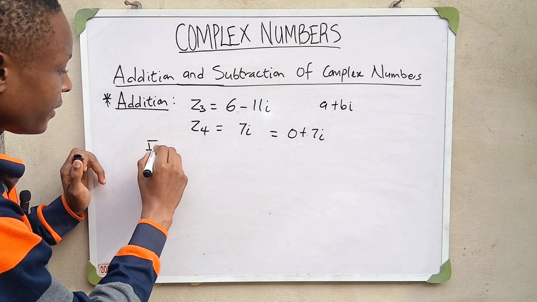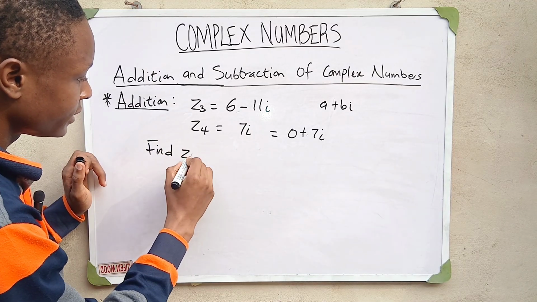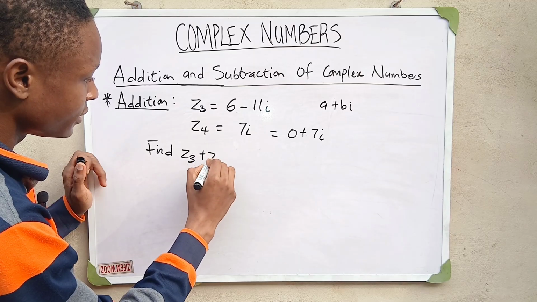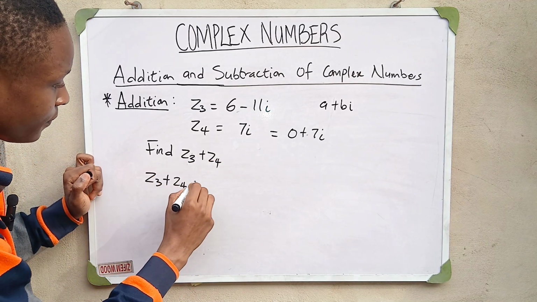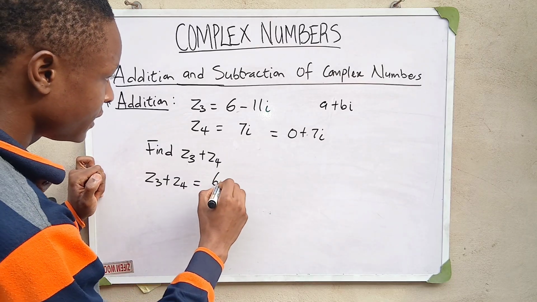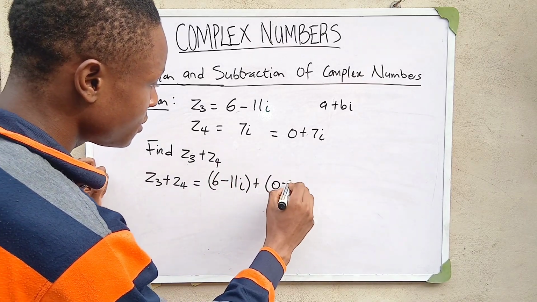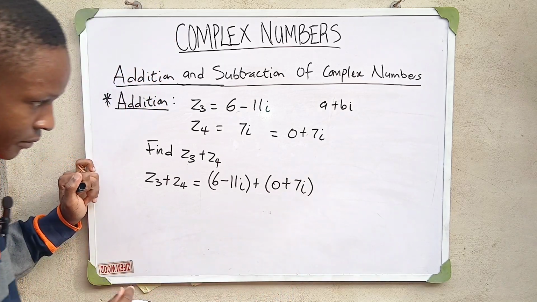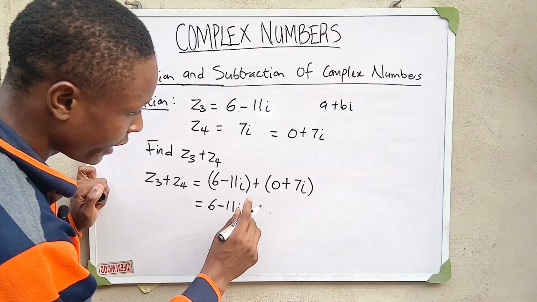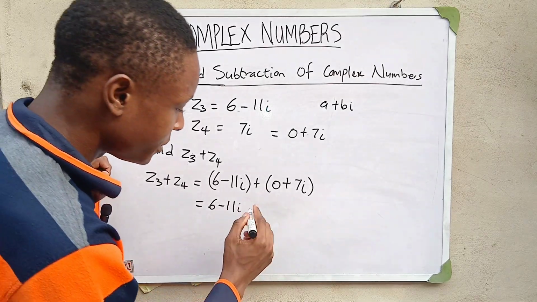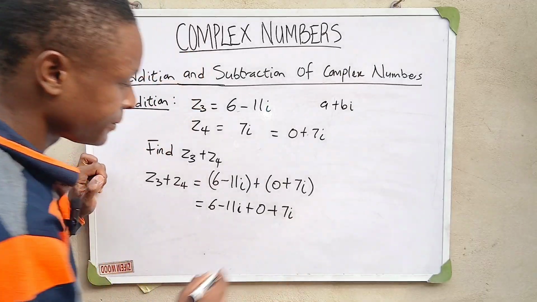So we are trying to find z3 plus z4. z3 plus z4 is equal to 6 minus 11i plus 0 plus 7i. Now opening the bracket, we have plus 0 plus 7i.